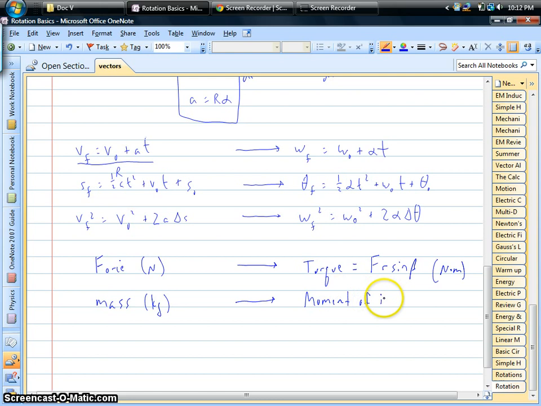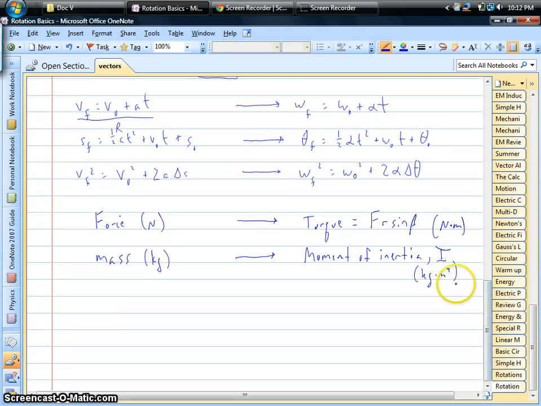That's going to replace mass where we're used to seeing mass. The symbol's going to be a capital I, and it's going to have funny units of kilograms times meters squared. I've got some videos on how to find these moments of inertia for sticks and for a disk, and we'll encounter some other shapes and other types of objects in class.